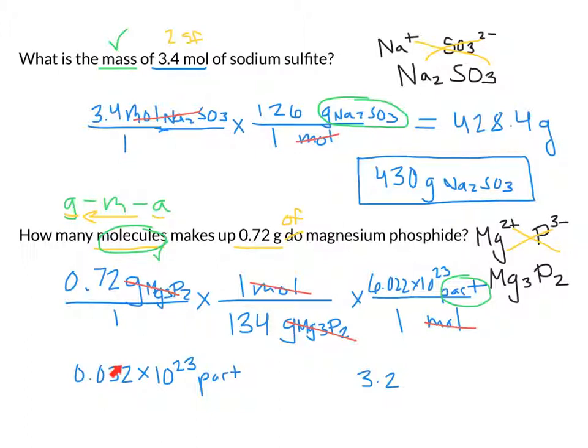I'm making the number bigger going from here to here. So if I'm making this bigger by 2, I'm going to have to make this smaller by 2. It's a give and take. So it's going to be times 10 to the 21st power particles, and it's going to be particles of magnesium phosphide.